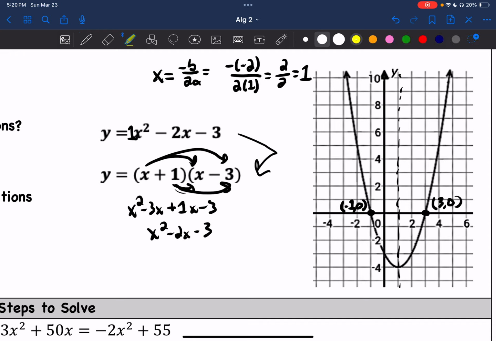And if you notice, x plus 1 matches with the 1 over here. Now the sign is flipped, right? We went from positive 1 to negative 1. But over here, we have x minus 3 and positive 3. They're the same number again, 3, 3, 1, 1, but the signs are opposite.